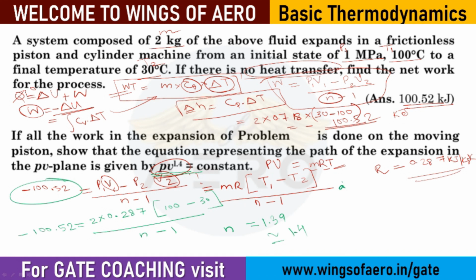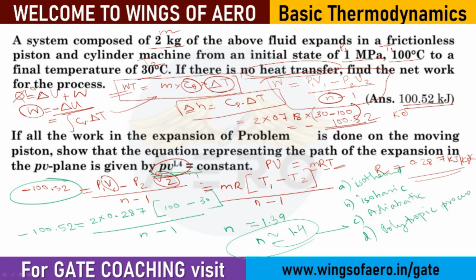They will give you options: whether it is isothermal, isobaric, adiabatic, or D, polytropic. So when n is 1.4, what I have said is it has to be an adiabatic process.